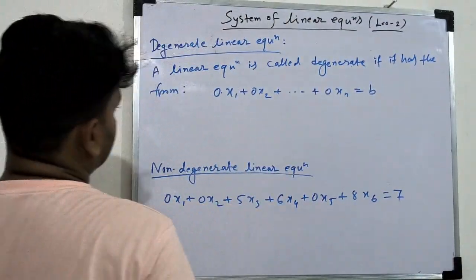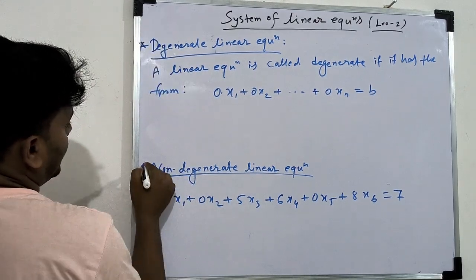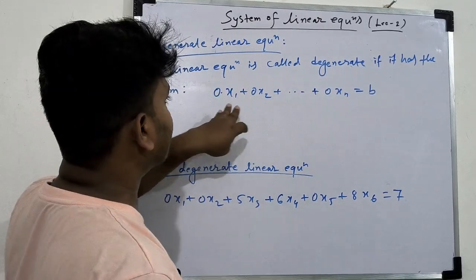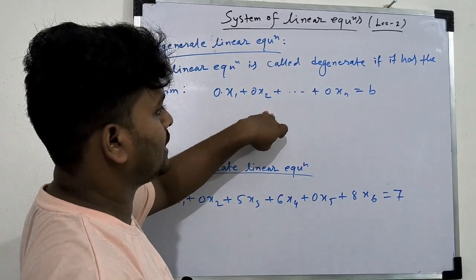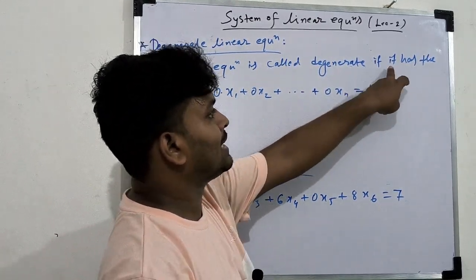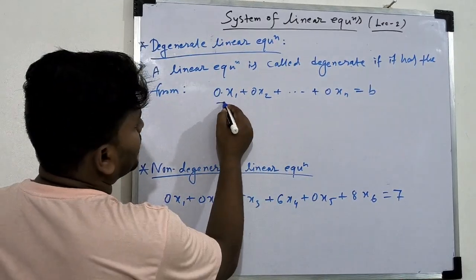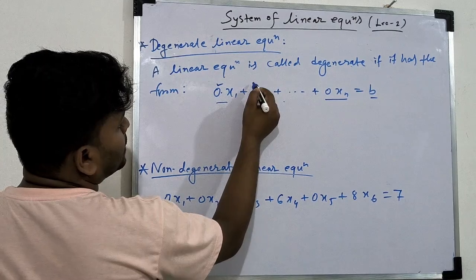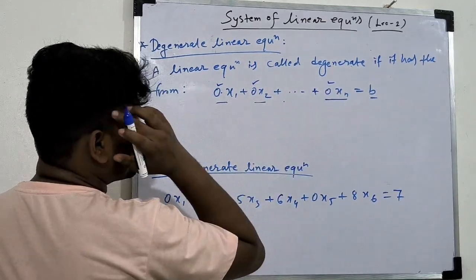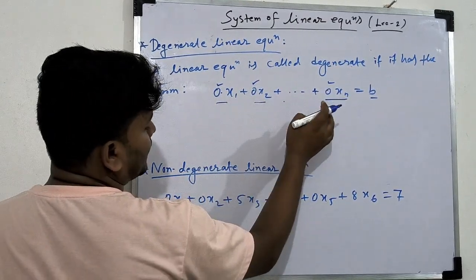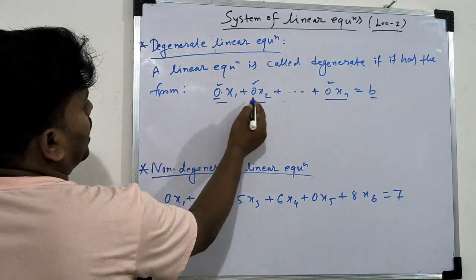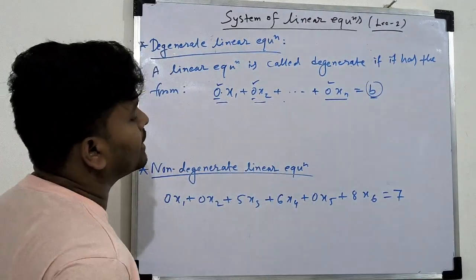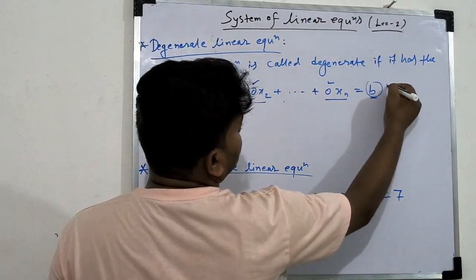So now we discuss what is a degenerate linear equation and a non-degenerate linear equation. A linear equation is called degenerate if all coefficients of the unknowns are 0, that is, if it has the form 0 into x1 plus 0 into x2 plus ... plus 0 into xn equal to b. So here all the coefficients of the unknowns x1, x2, ..., xn are 0, but b is there. The solution of this degenerate linear equation totally depends on b.